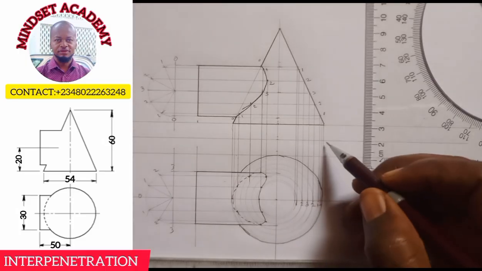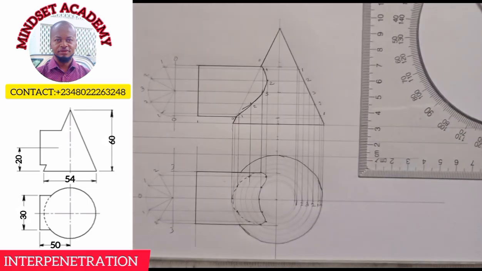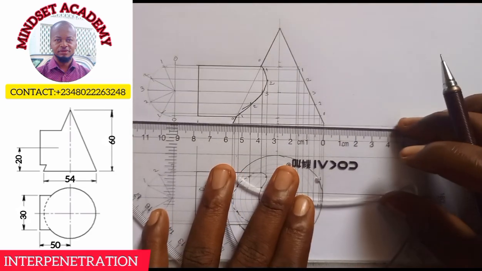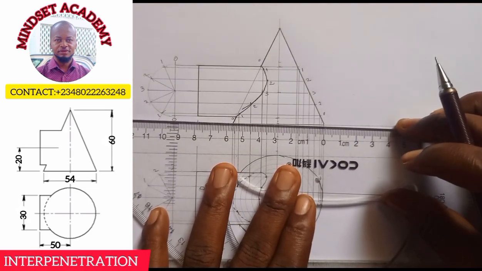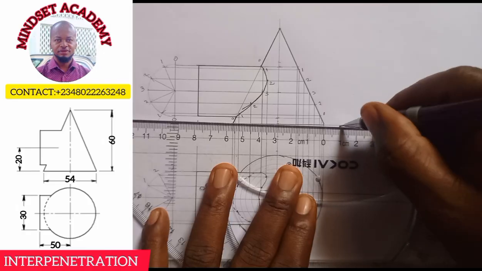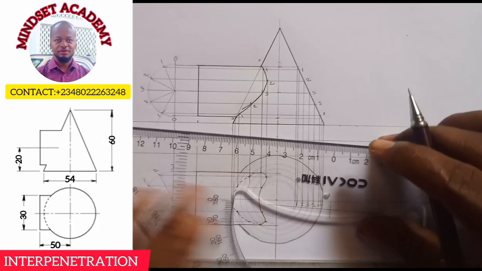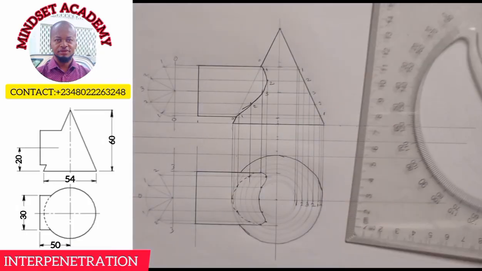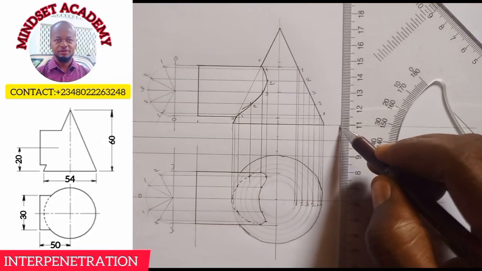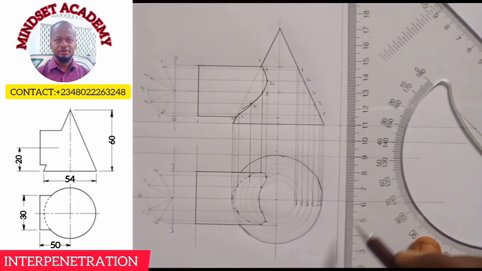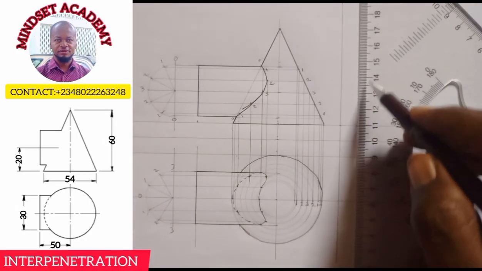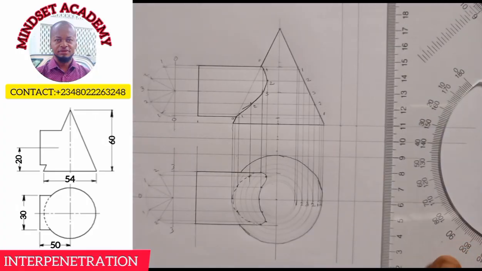So from here, measure 10 millimeter away. 0, this is 10, and this is 10. Then I'll draw my vertical line down. And this one down too. Hope you can see that.